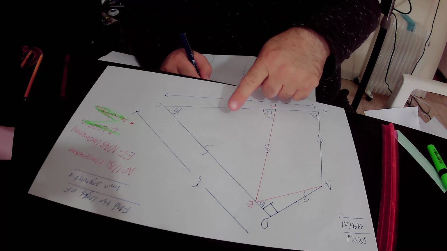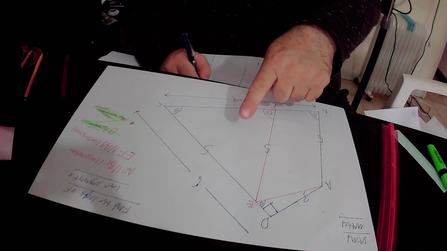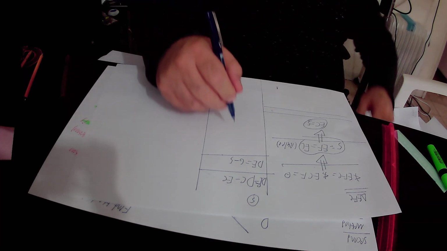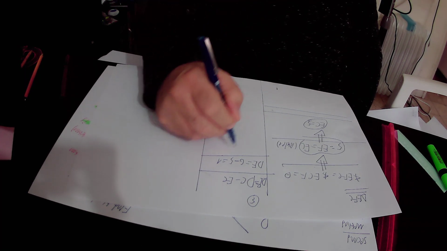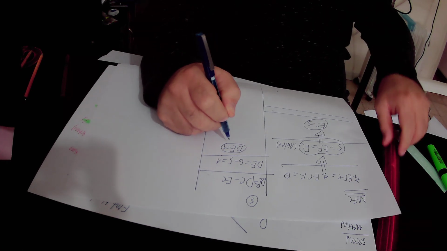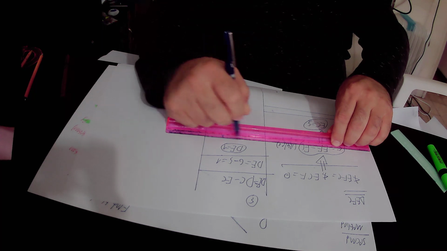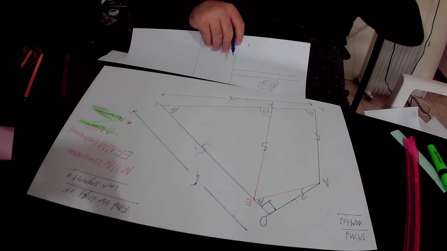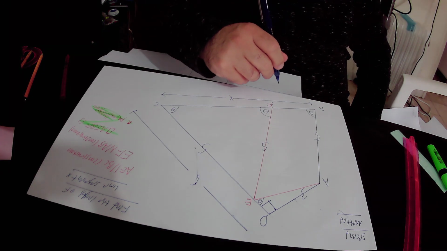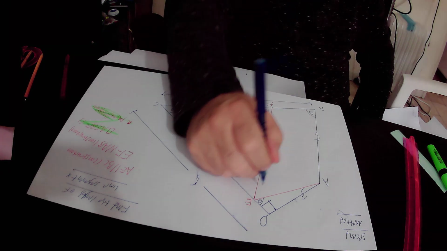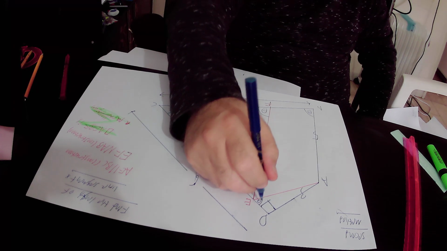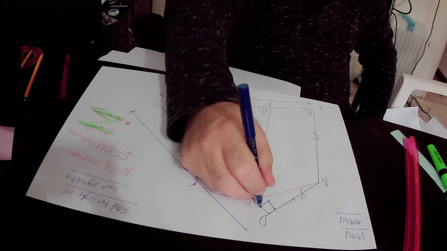EC equals 5 units; we just found that EC equals 5 units. So in conclusion, DE equals 6 minus 5, which is 1. So we found that DE equals 1 unit. We can write here that DE equals 1 unit.